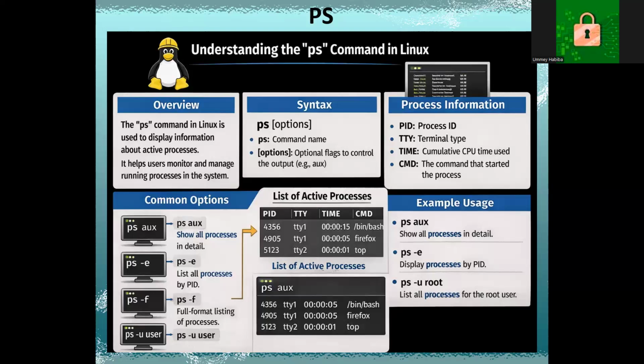The ps command also helps users identify background and foreground processes. Background processes run without direct interaction from the user, while foreground processes run directly in the terminal. If we write ps -f, this shows the active processes.